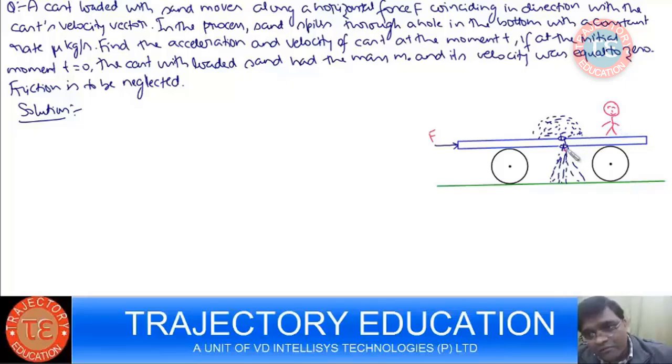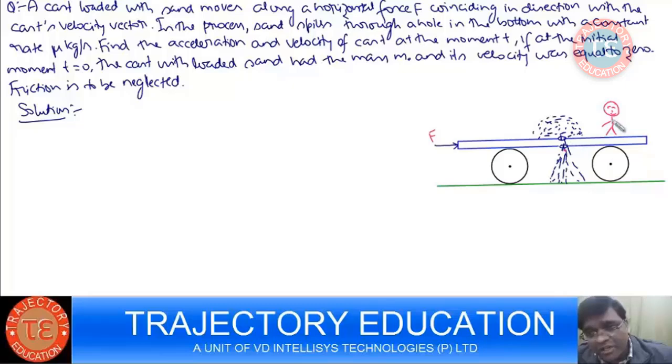So this observer, when the sand is just ejected, won't see any motion in the sand particle. He will see the sand particle to be at rest. He won't see any relative motion of the sand.